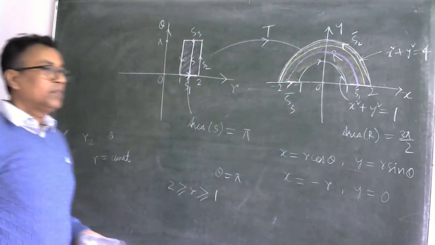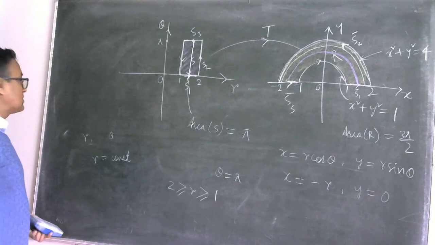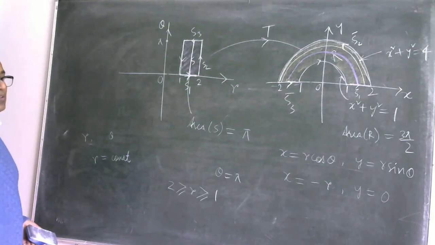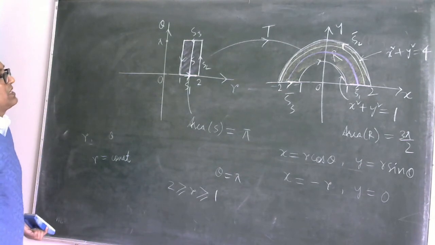Is it okay? Fine. So similarly, when theta equal to constant, it is going to generate what? Suppose your theta equal to pi by 2.